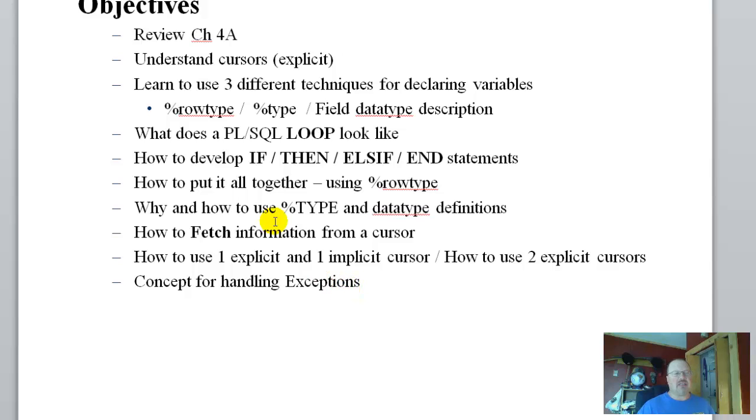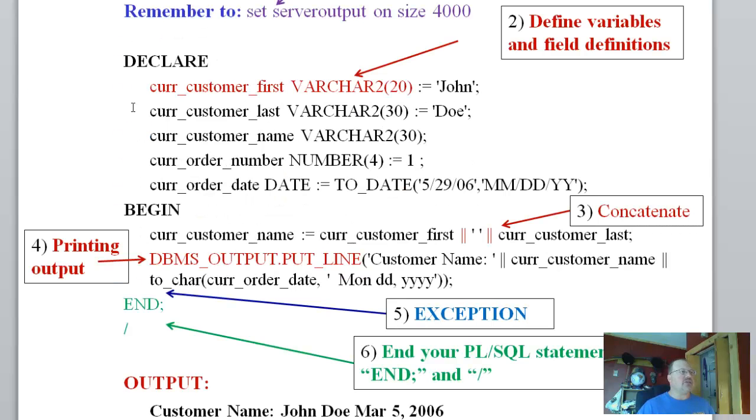And then the idea behind handling exceptions. So remember, in 4A you have to set server output on size 4000. We have to remember what our structure is like: a declare block, begin block, and end block. In the declare, you're declaring variables. Begin is where the execution takes place.